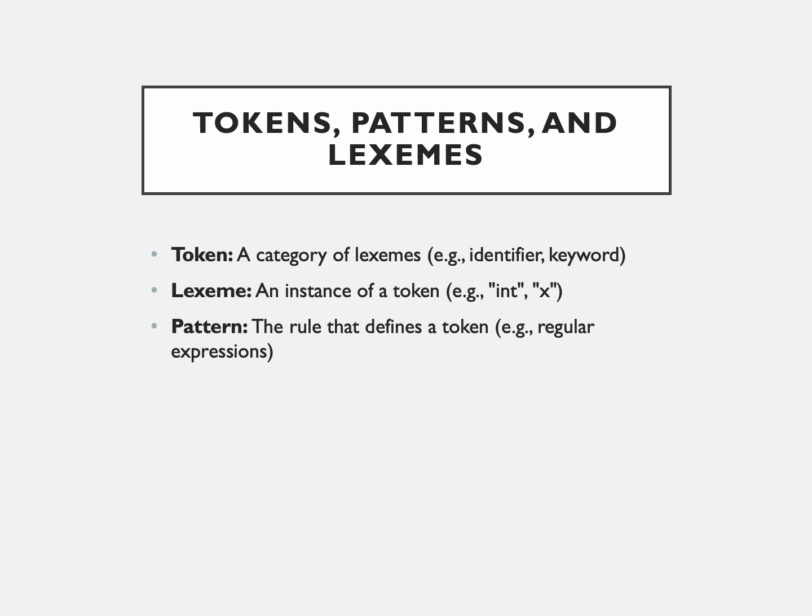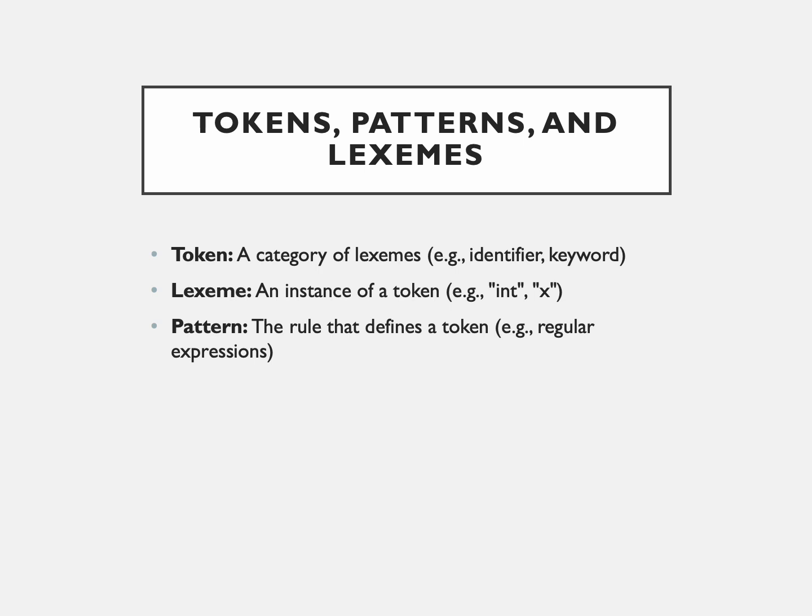They act as labels for the smallest meaningful units in code. Second, we have lexeme. A lexeme is an actual instance of a token. For example, in the line of code where we have integer x equal to 10, integer and x are lexemes that correspond to the tokens keyword and identifier respectively.